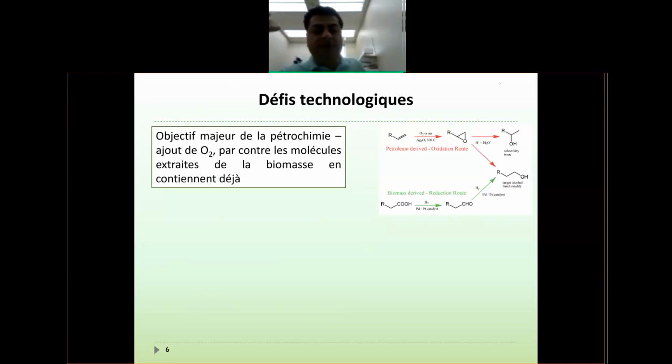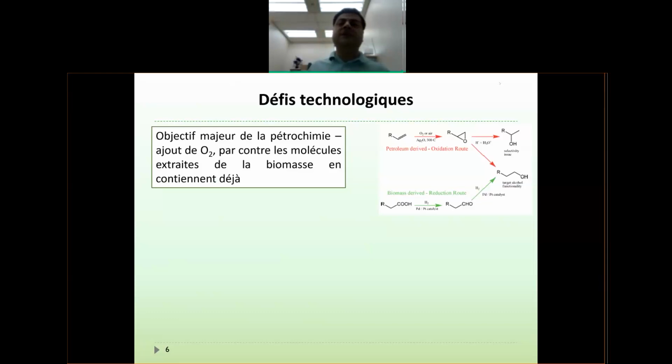You want to make a special medicine from, let's say, a biomass. Okay, but that medicine could also be produced from a chemical that is rooted back to petroleum, crude oil.